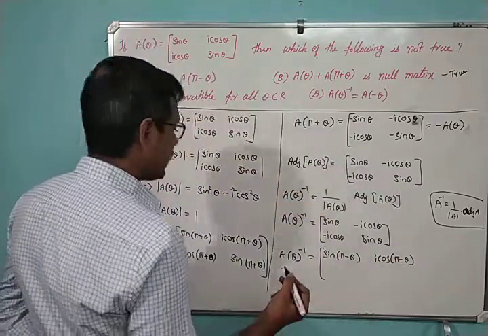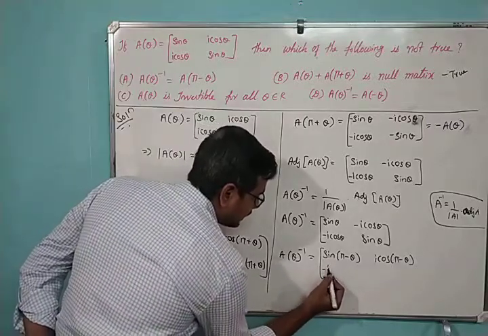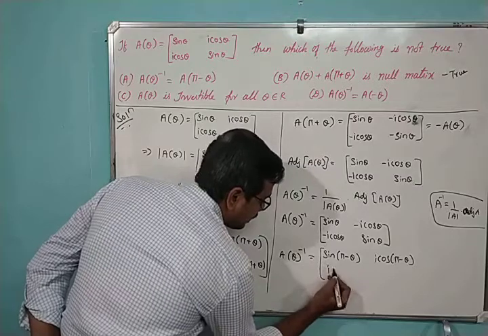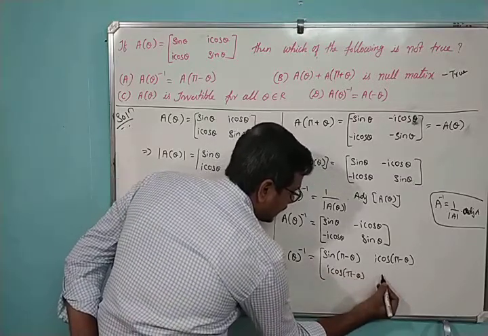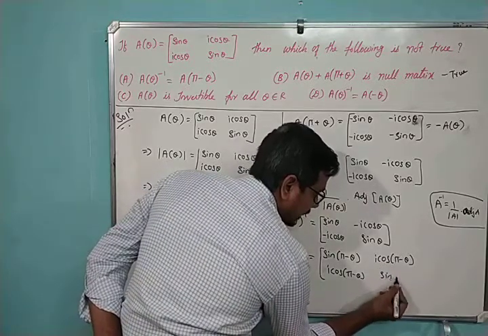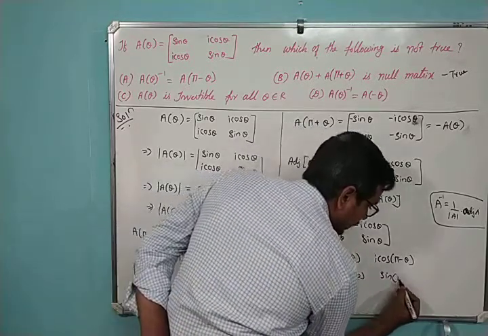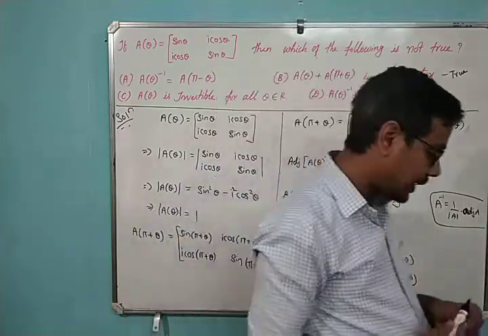Then here minus I, minus and minus cancel, cos of pi minus theta, and here sine of pi minus theta. This is how it can be written.